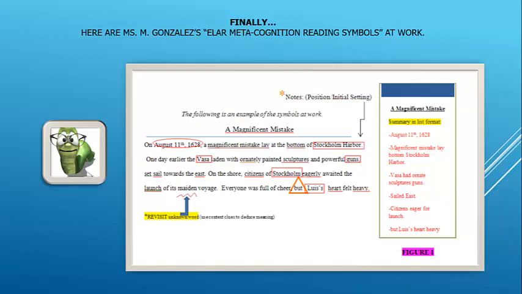Now from every symbol that we see that has been highlighted in this way, we can definitely find and summarize what the important facts and information are from the excerpt of the passage. We can put that on the right or on the left, wherever there may be room, in this case on the right. In summary format, it is a list of basically bulleted points that are most important within the passage, based off of the symbols that we used.